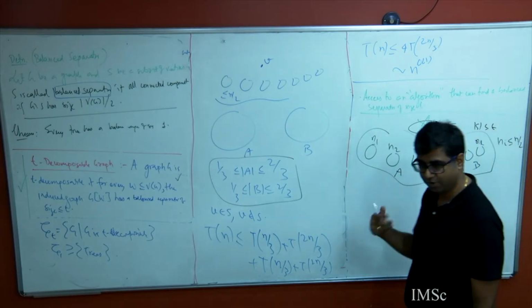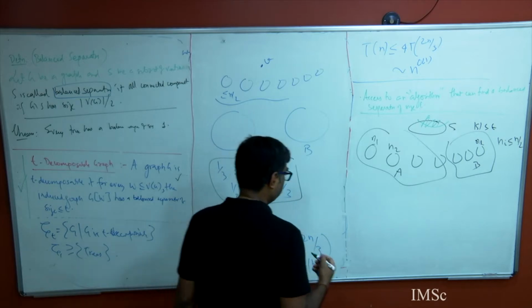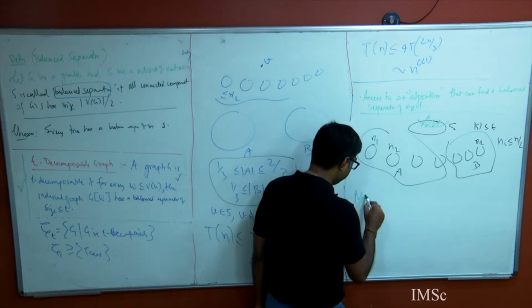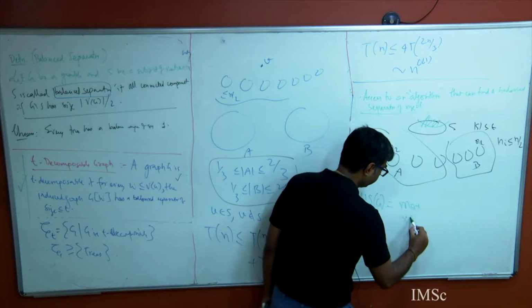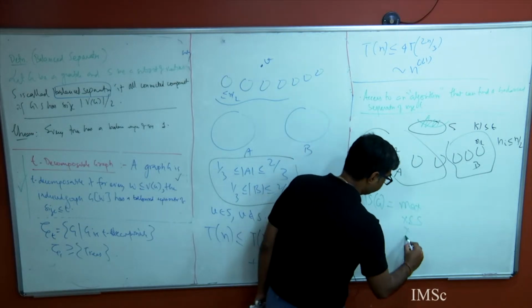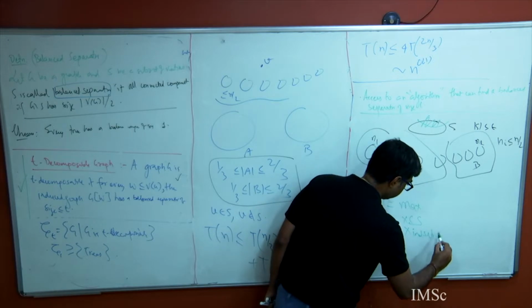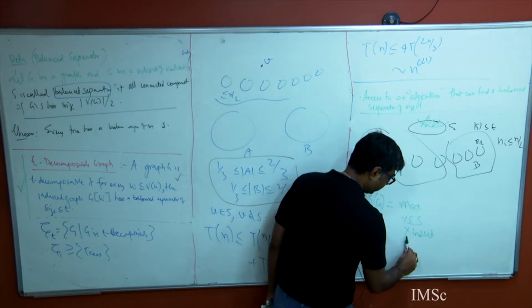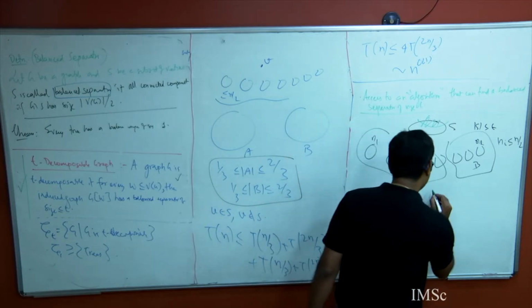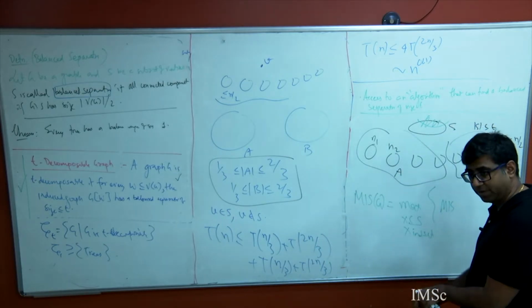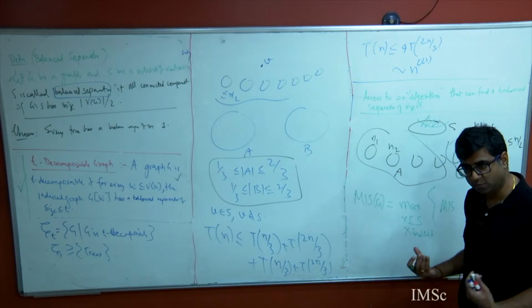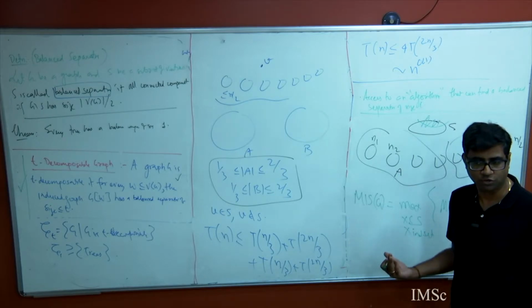So if I write a recurrence for maximum independent set, what will it be? The maximum independent set of G is going to be the max over X subset of S, X an independent set, of |X| plus MIS. Now I have decided to pick X into my independent set, so the neighbors of X cannot go into my solution.